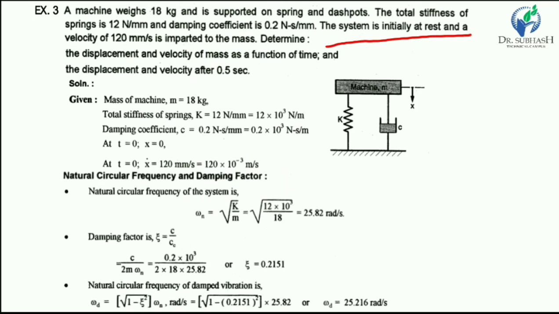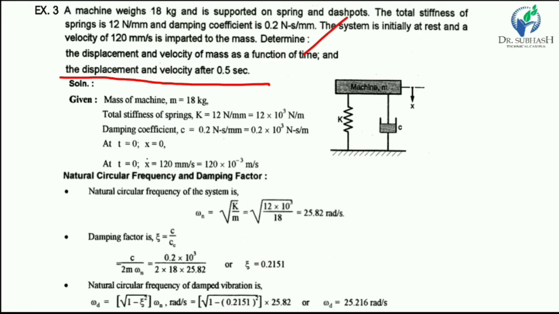The system is initially at rest and a velocity of 100 mm per second is imparted to the mass. So the initial velocity is 120 mm per second, which is also converted into meter, so multiply by 10 raised to minus 3. Determine the displacement and velocity of the mass as a function of time, and the displacement and velocity after 0.5 second.